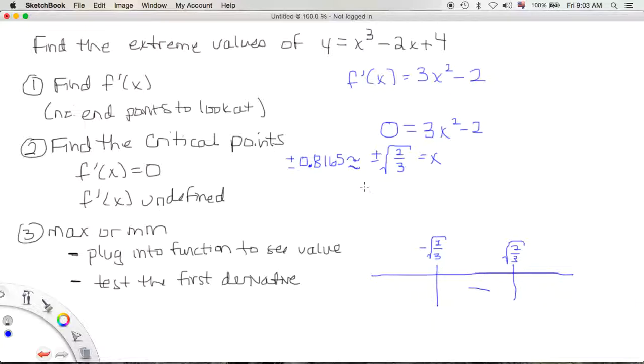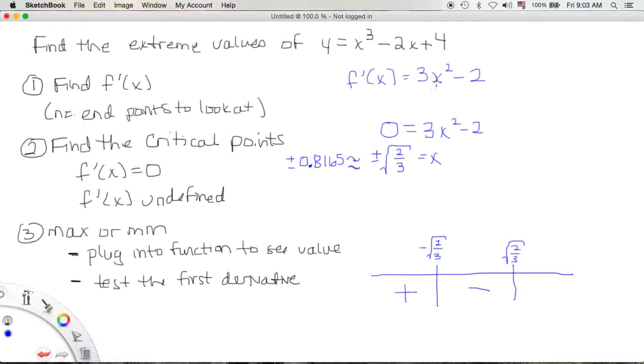Now we need to look here. This is why we need that decimal approximation. It's approximately negative 0.8, so negative 1 would be down here. If we plug in negative 1 here, we get 3 minus 2, which is 1, so that's positive here. And then over here we can plug in positive 1, because that's just a little bigger. You just pick an easy value that fits in this interval on the number line.